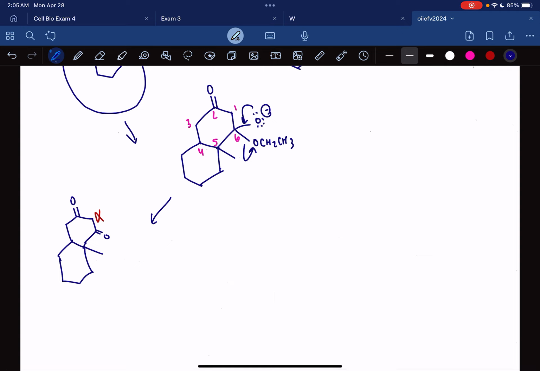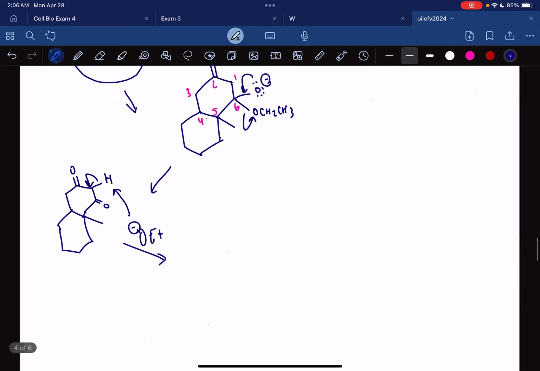It might seem a little bit repetitive, but the OEt minus is going to deprotonate this again. And this is characteristic of a specific reaction type, and that's the Claisen condensation.